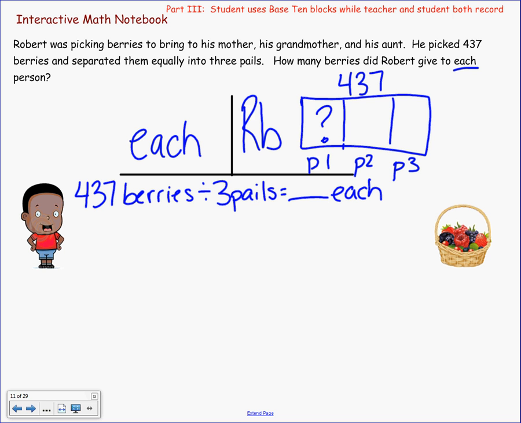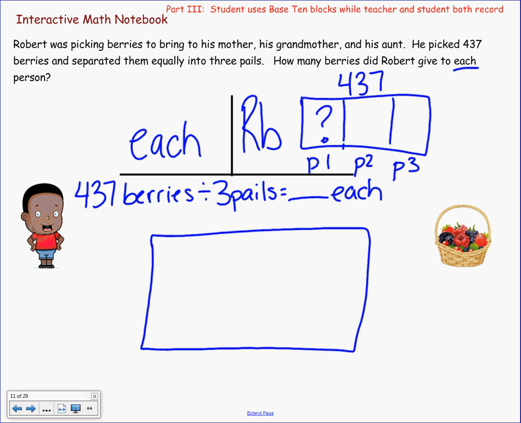All right, so then I have them draw our area model, and I like to make it nice and big so that we have room to write inside. So our total goes on the bottom, 437. That's what this whole area model is equal to.